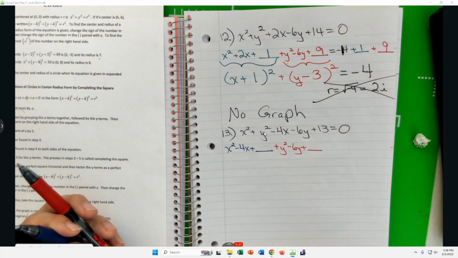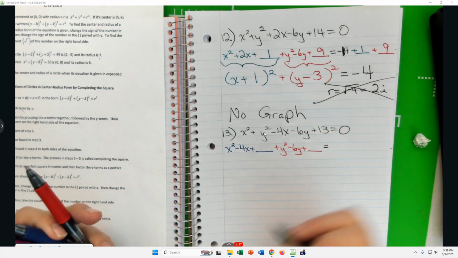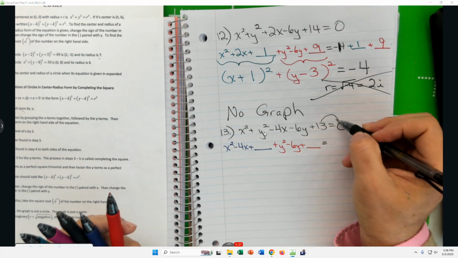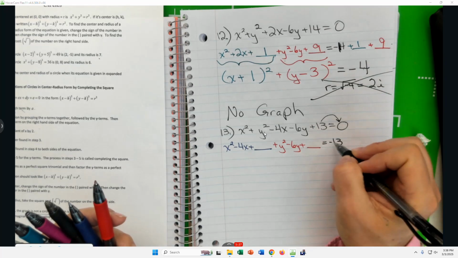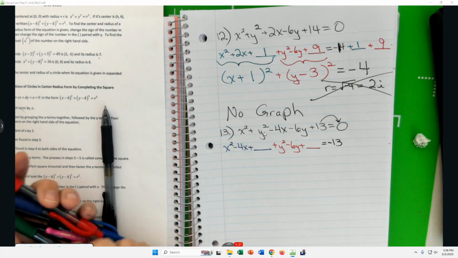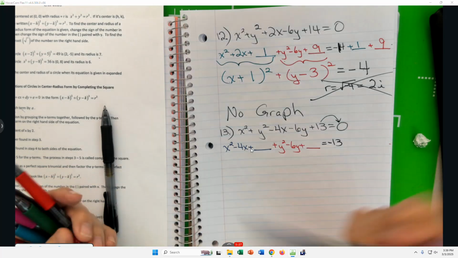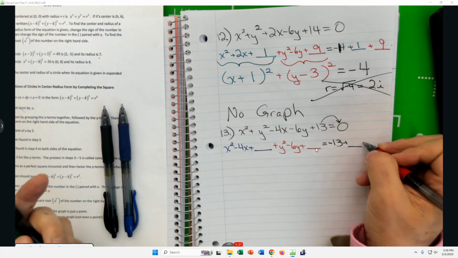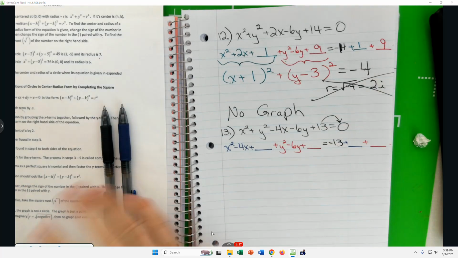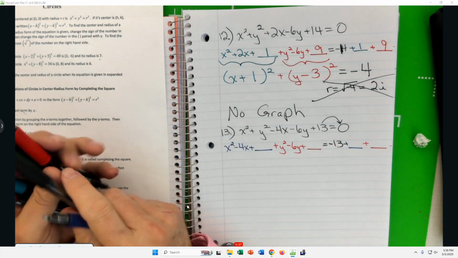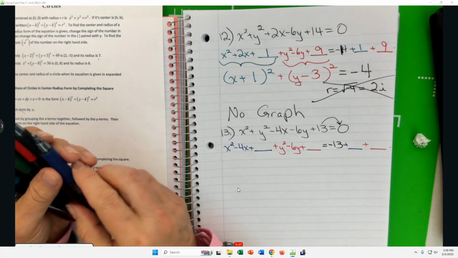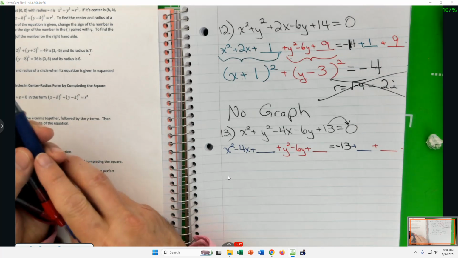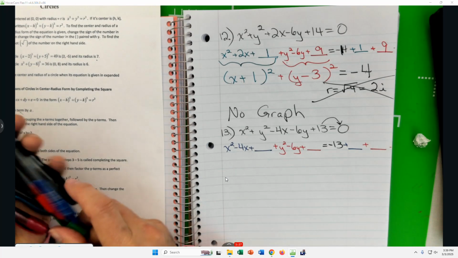What have I got on the right-hand side? -13, I agree. And we still have the blue spot and the red spot. What number's going to go into the blue space?